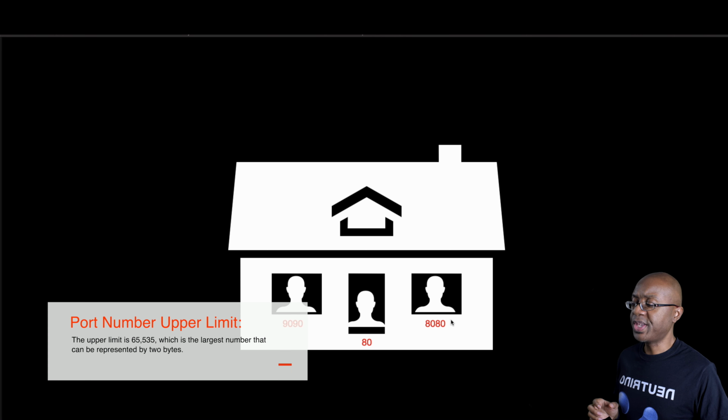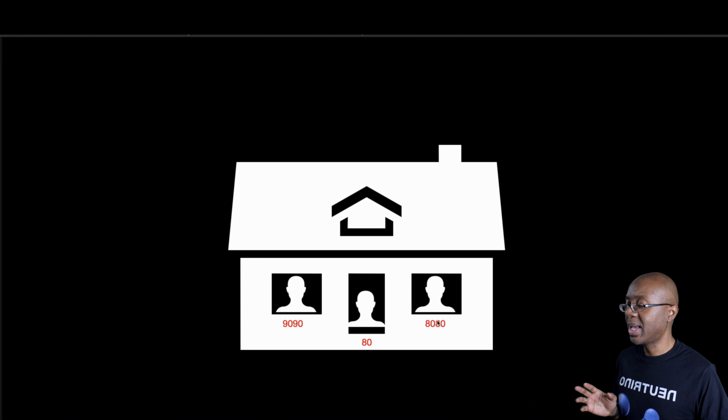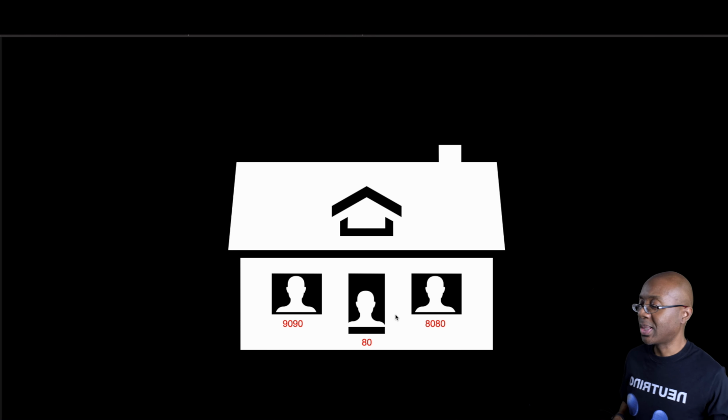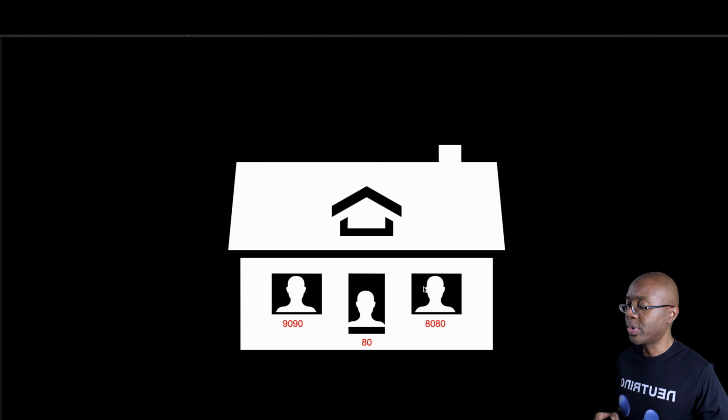The purpose of these ports is so that any data that tries to come into this house can specify which port it wants to come to. So let us imagine that the person who is sitting at this window at port 8080 provides a service of saying hello world to anyone who will come up to this window and greet him.